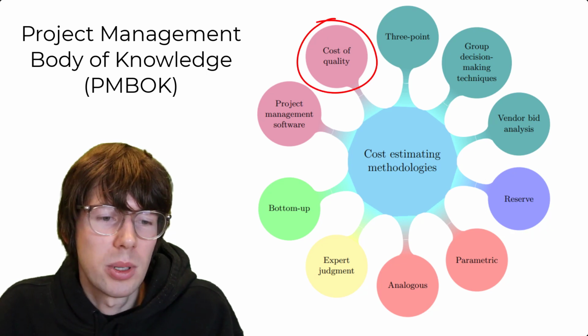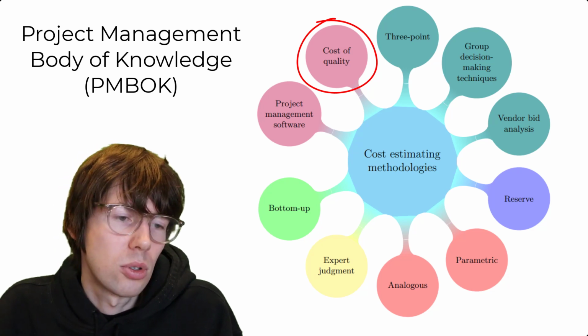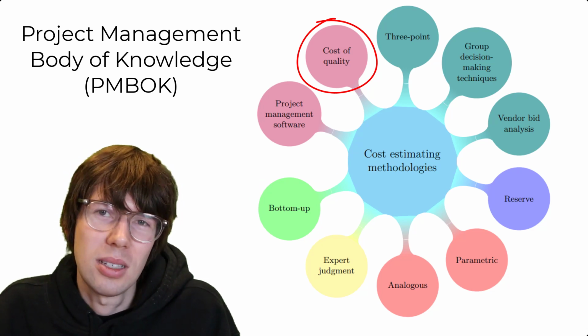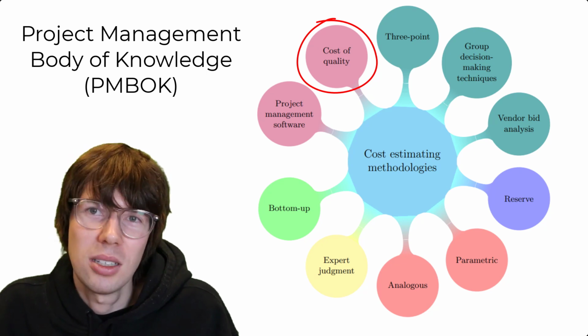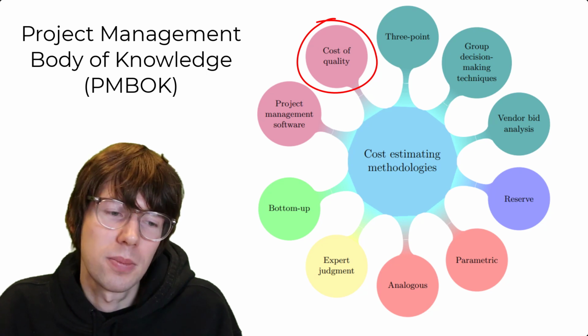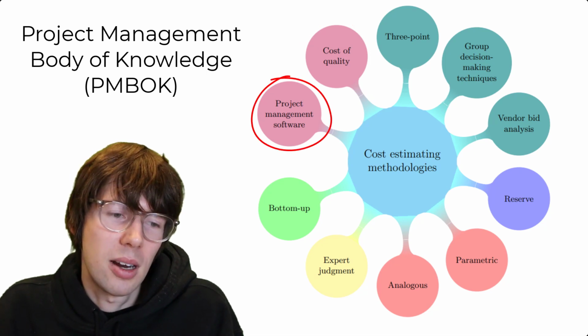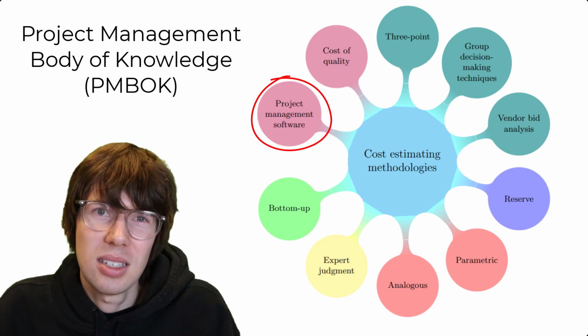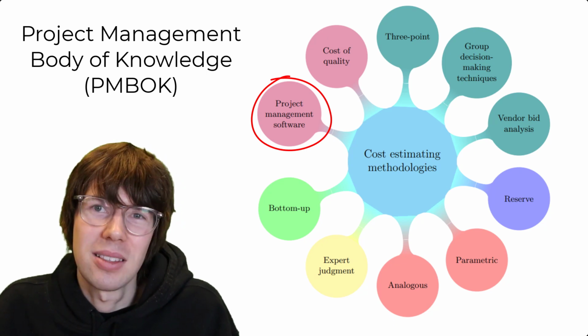Now let's see what other methods we have. We have something called cost of quality. This is not really a cost estimation method. It essentially just says that the higher the quality, the higher the cost. So this is a method I will not cover whatsoever in this course. One final method here is called project management software. And as the name implies, this isn't really a real method either.